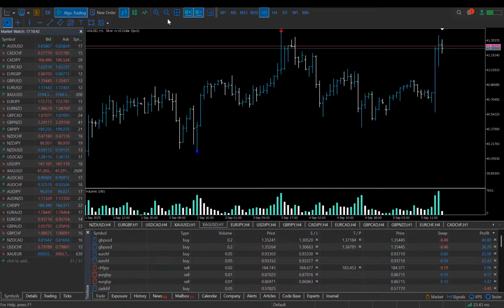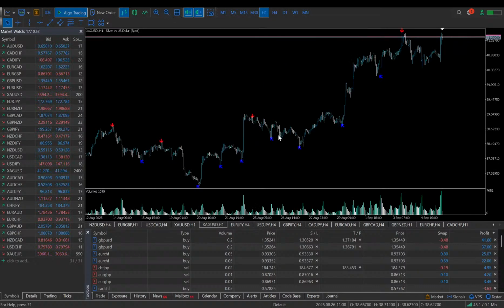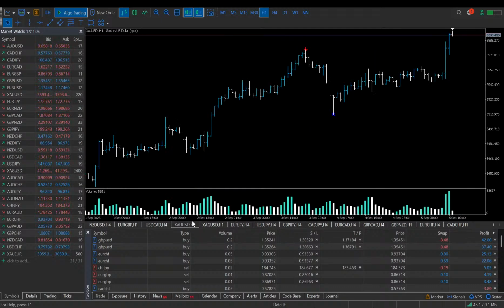But right now it's testing the previous high to create a new breakout to the upside. So my decision here still lies on bullish momentum. There is a chance that we might even get more bullish momentum next week for silver, which is XAGUSD, and gold itself, XAUUSD, is also in the same ratio.